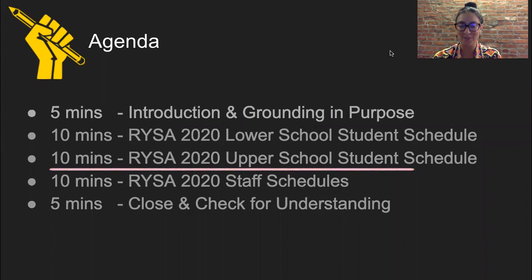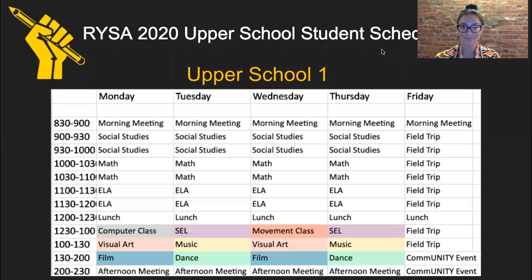Now let's look at the examples for upper school student schedules. As with lower school, upper school students begin their day at 8:30 a.m. with morning meeting until 9 a.m., Monday through Friday. Thereafter, you'll notice that Upper School 1 from 9 until 10 a.m. has social studies.